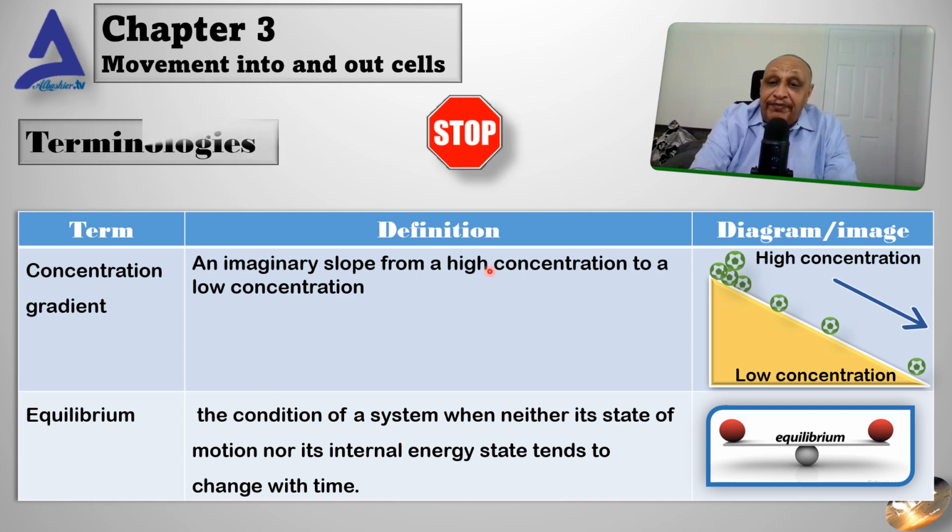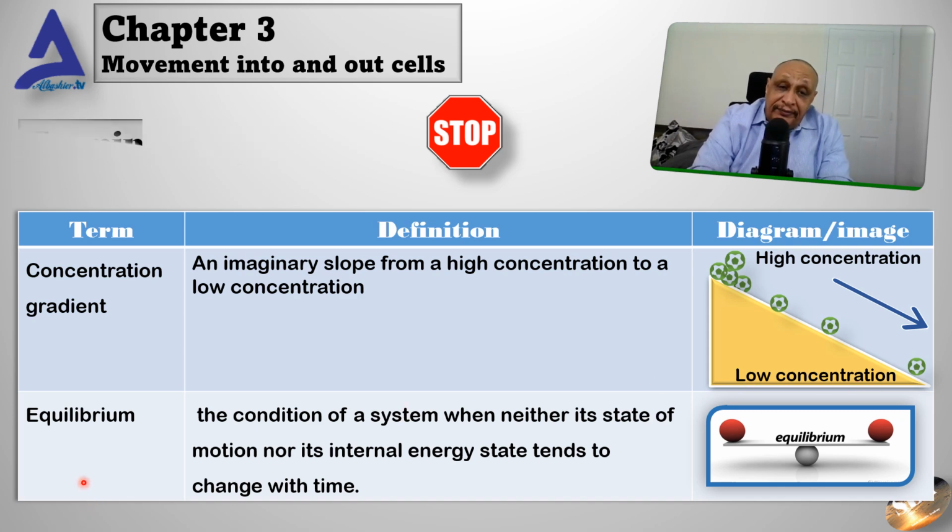So if all the particles are at the top of a slope, there is a high concentration here. If we leave these particles to diffuse, they go down the concentration gradient towards the bottom, which is a low concentration.